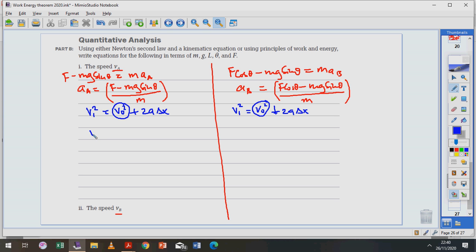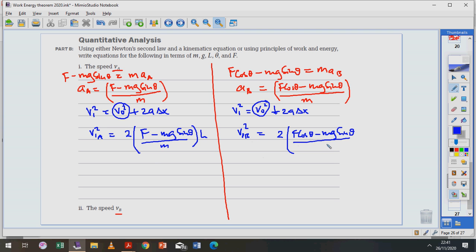So VA squared is going to be 2 times the acceleration of A, which is this whole bracket, F minus mg sine theta divided by m, times displacement, which is L. And VB squared is equal to 2 times acceleration of B, F cosine theta minus mg sine theta divided by m, still times L. So I've got the V of A and the V of B in terms of what they want. I just need to take the square root so that it's clearly what they want.